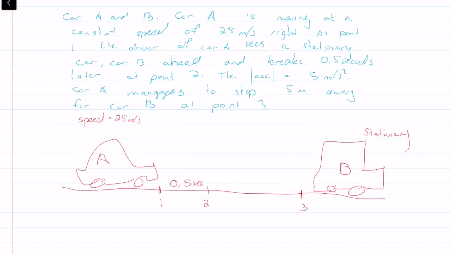So the acceleration is actually equal to minus 5 meters per second squared. And we know that that distance there is 5 meters, 5 meters away from car B at point 3. I think we have all the information that we need.